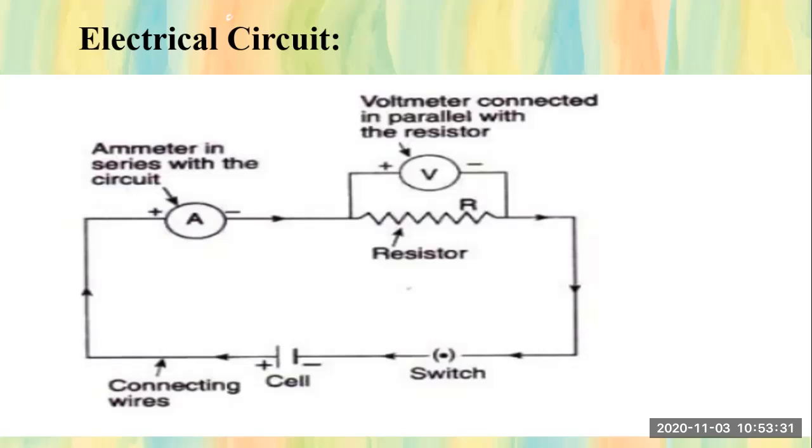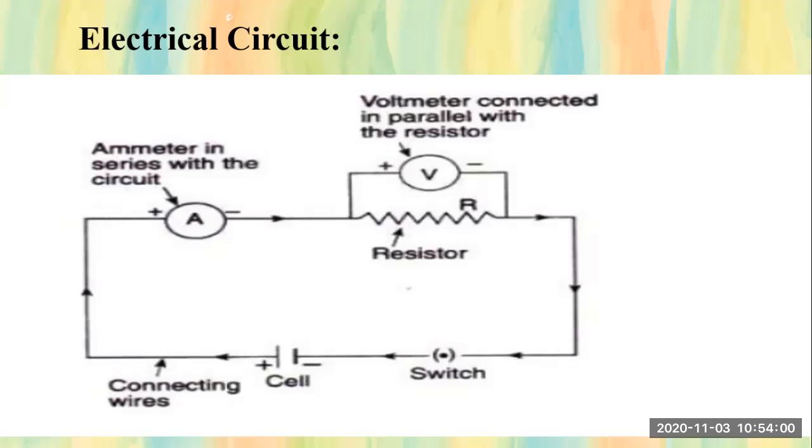Now can you see this crisscross line here? That crisscross zigzag line is the symbol of a resistor, and a capital R is written near the resistance. So this is always the symbol of a resistance. Now I have explained to you right now that a voltmeter is always connected in parallel to the resistance.